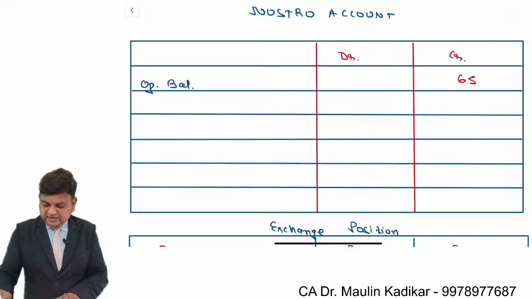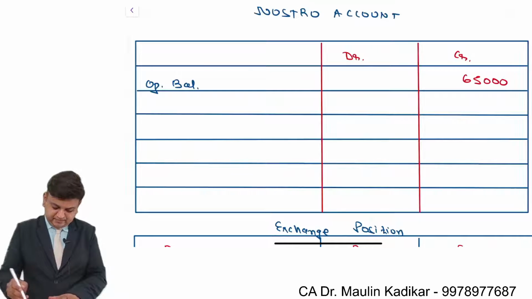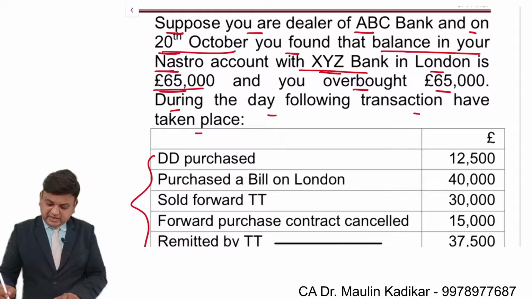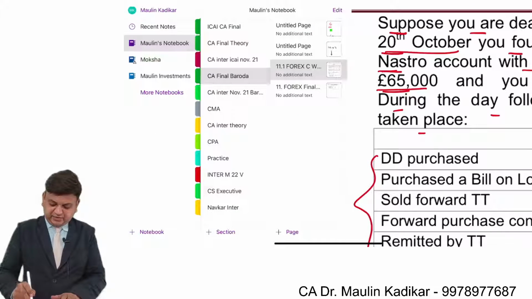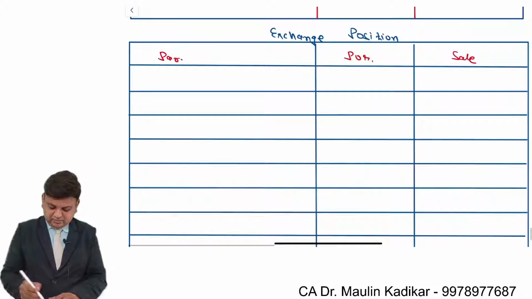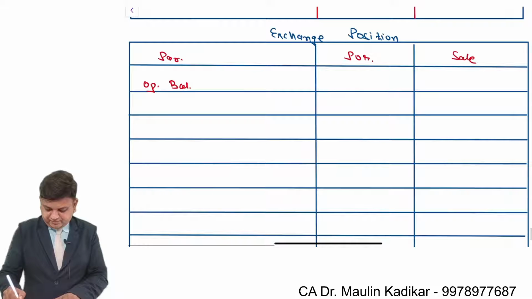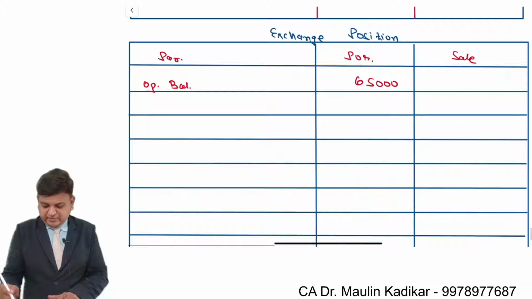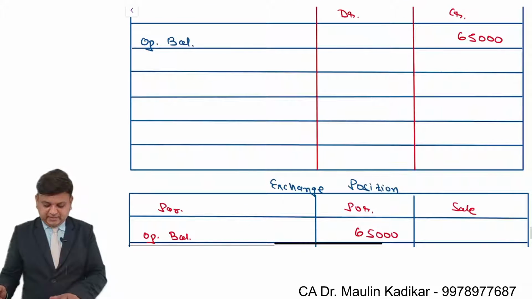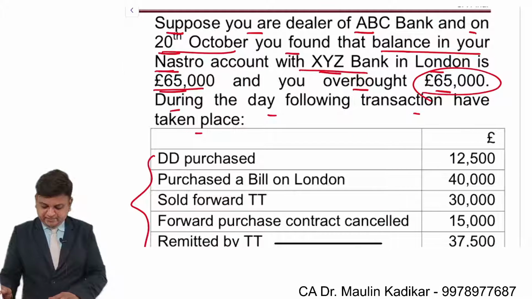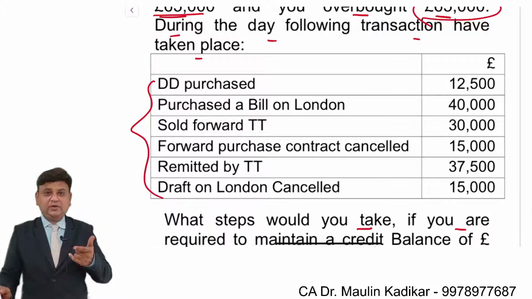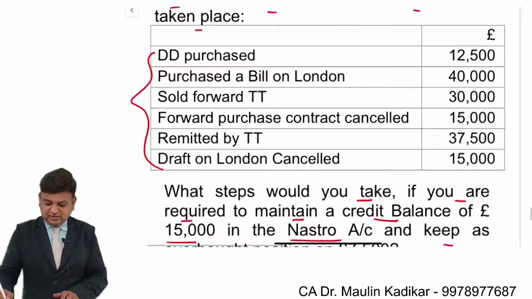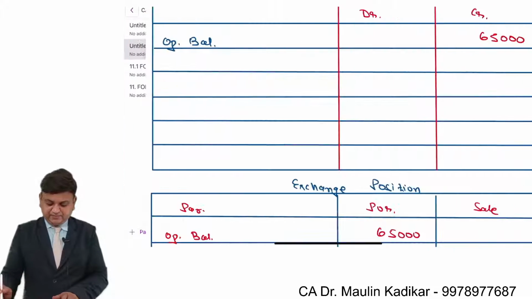So opening balance is 65,000 pound and you have overbought position of 65,000 pound. During the day the following transactions have taken place.